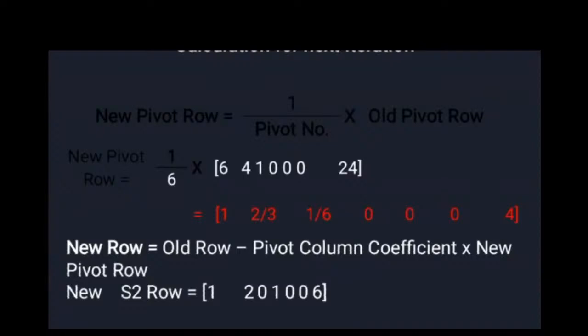Then first we have to find the new S2 row, which is equal to the old row minus the coefficient of the pivot column multiplied by the new pivot row. So after calculating, we got the new S2 row, which is 0, 4 by 3, minus 1 by 6, 1, 0, 0, 2.